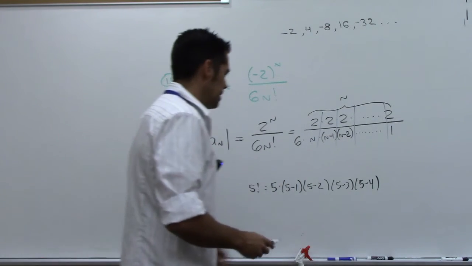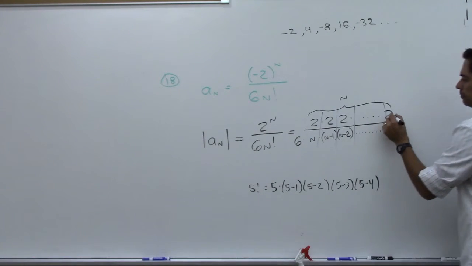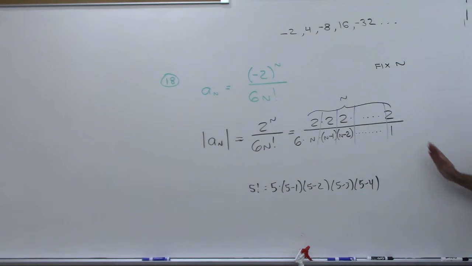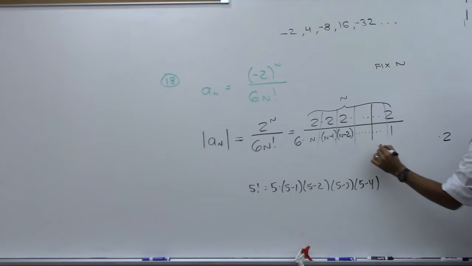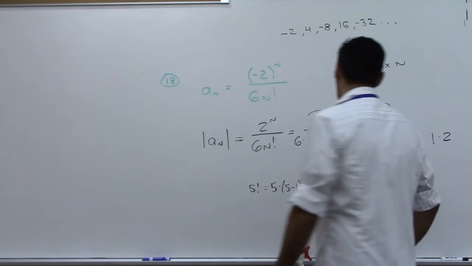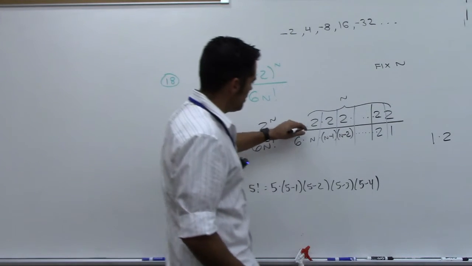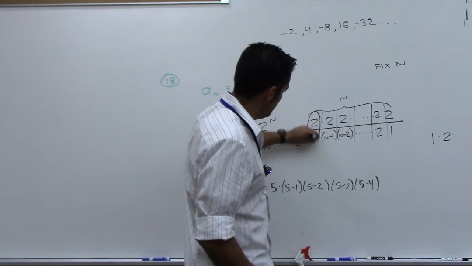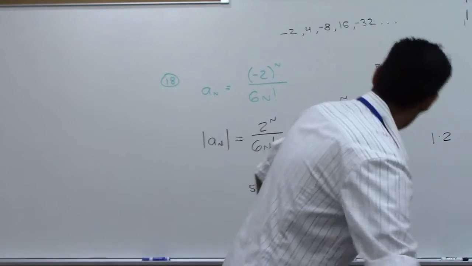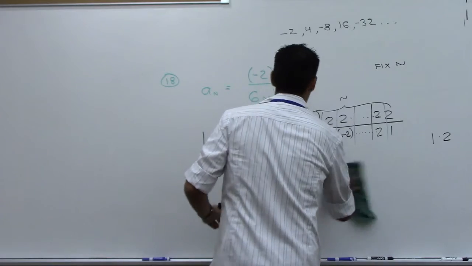So we know the last one out here, no matter what n is, right? So like if I fix n, I know that the last one is 2. The one before it has to be 2, and this has to be 2, right? So we get 1. And then what happens to each of these other ones? Which is bigger here? This right here, 2 over n, is going to be, let me see if I can write this another way.